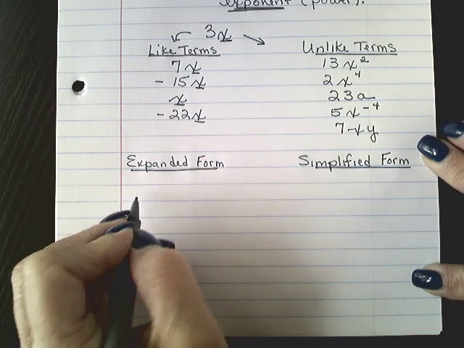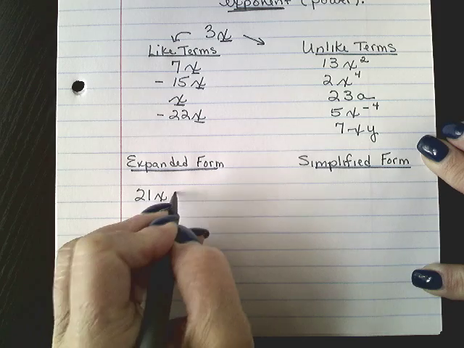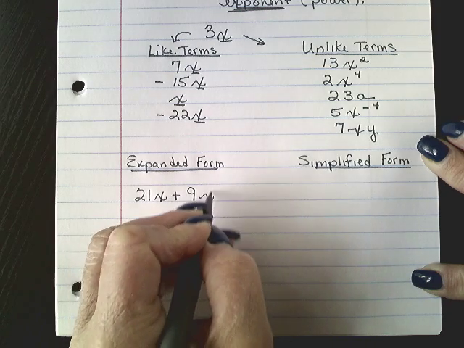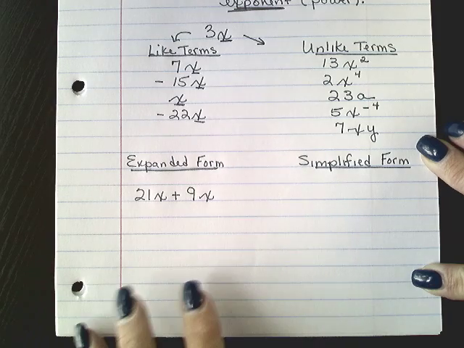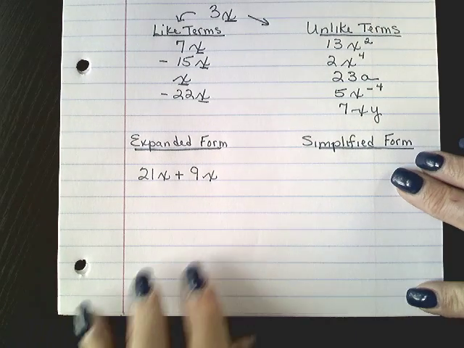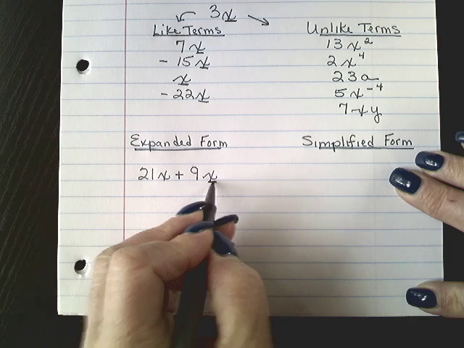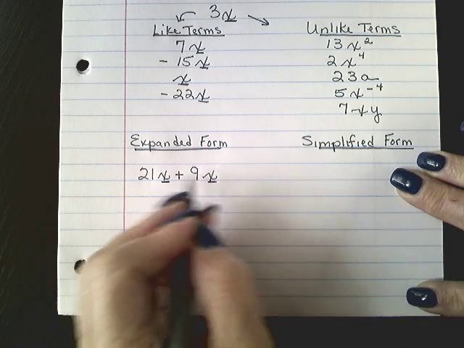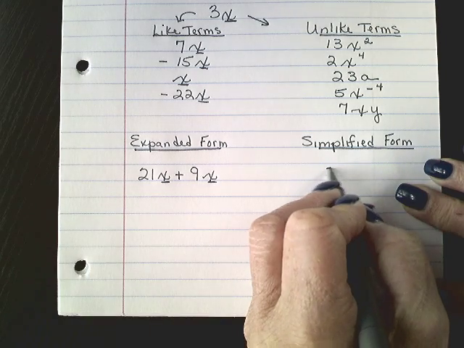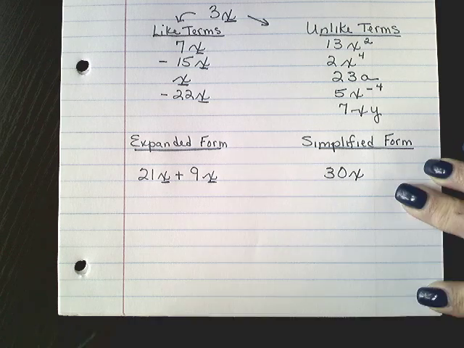All right, so our first one is going to be 21x plus 9x. Okay, so we don't care what the numbers are, the coefficients, they can be different. What we're looking for is our variable. Do they both share the same variable? Yes. So therefore, when I combine these two, I am going to get 30x.